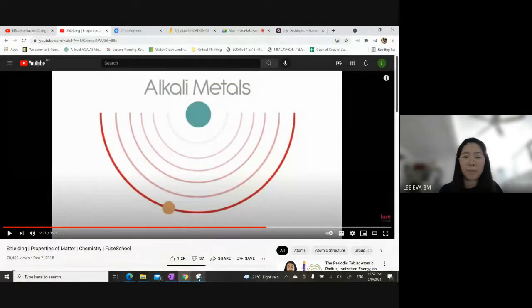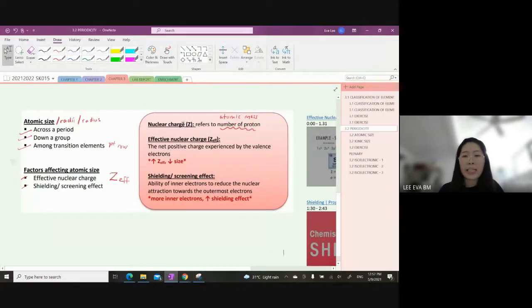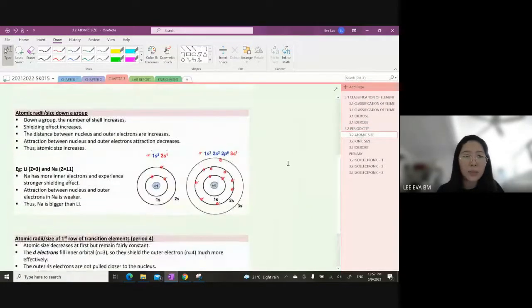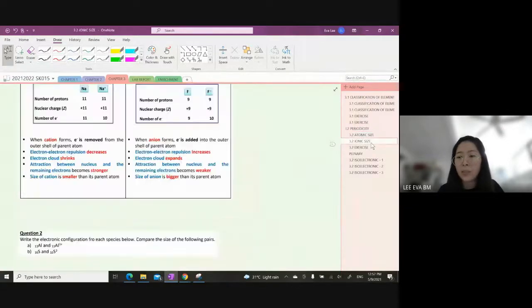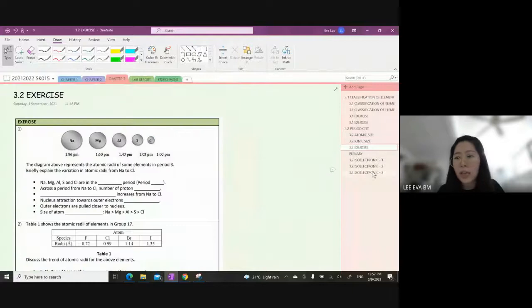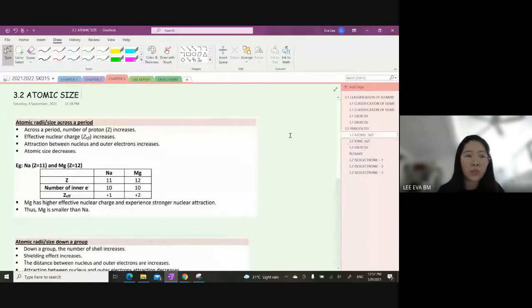Okay. So I will only explain up until this part, and then you can rewatch the video again a little bit later at your own time. And then for Tuesday class, Madam will start from the atomic size, and we'll see whether we can finish until isoelectronic terms or not. Okay, so I want you to prepare also the notes starting from atomic size.